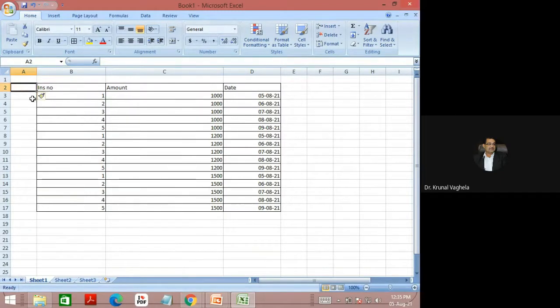If I enter loan number, say this is L1, this is loan 2, this is loan 3.